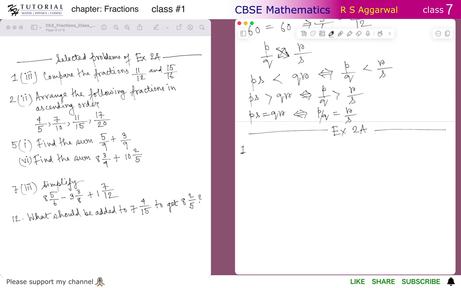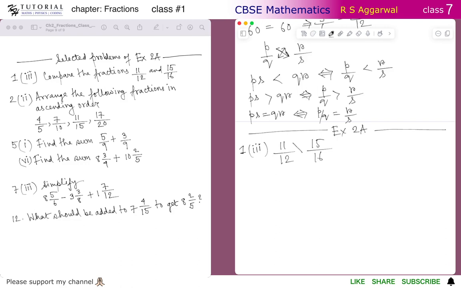So, the first problem is the third part of question number 1. It says compare the fractions 11 by 12 and 15 by 16. So, we need to compare two fractions, and we know that for comparing two fractions, we can use the cross multiplication method.